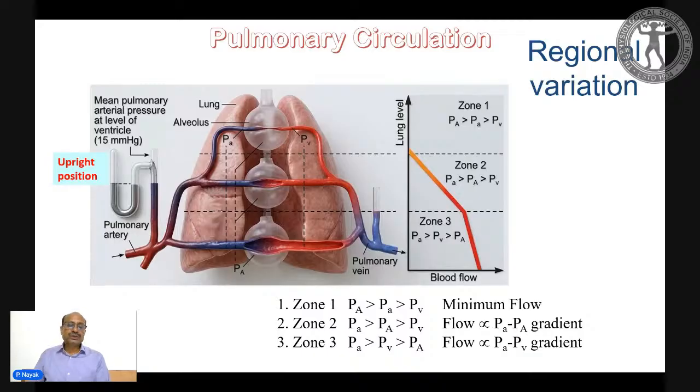In addition to this, zone 4 is also considered, which is the lowest possible part of the lung, where the interstitial pressure comes in handy and there is minimum supply.